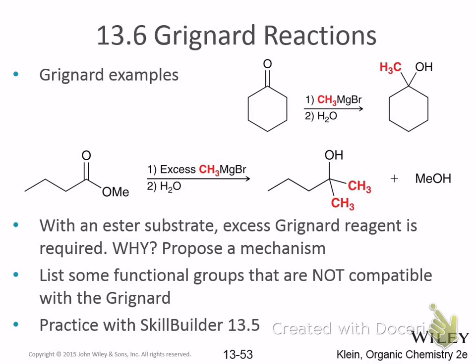Well, to answer your question, we should draw a mechanism. I'm going to draw the mechanism real quick. Generally, when I draw mechanisms, you're supposed to know them. So let's do this.